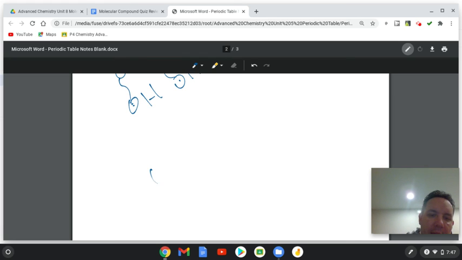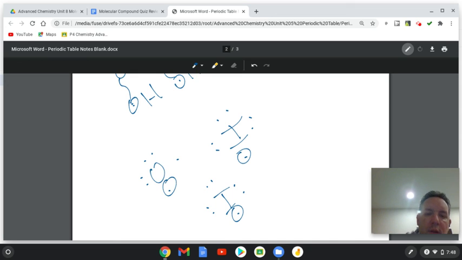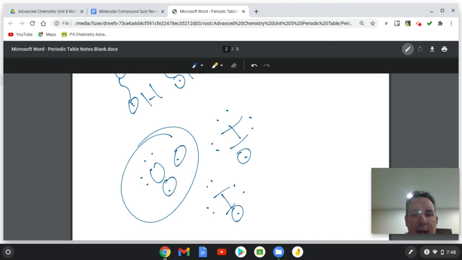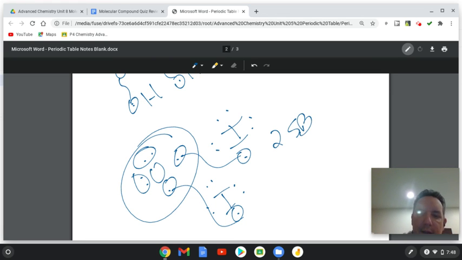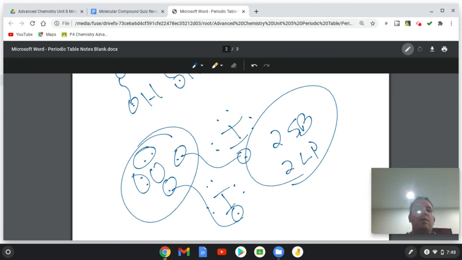So we've got oxygen, 6. Iodine, 7. And another iodine with 7. So oxygen is my central atom. We're going to get bond and bond. Now, you have to include these 2 lone pairs on oxygen. So in this case, you have 2 single bonds and you have 2 lone pairs on your central atom. So that's how you would describe that.